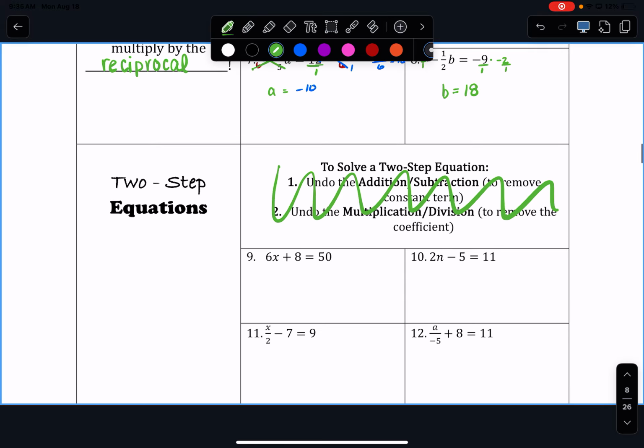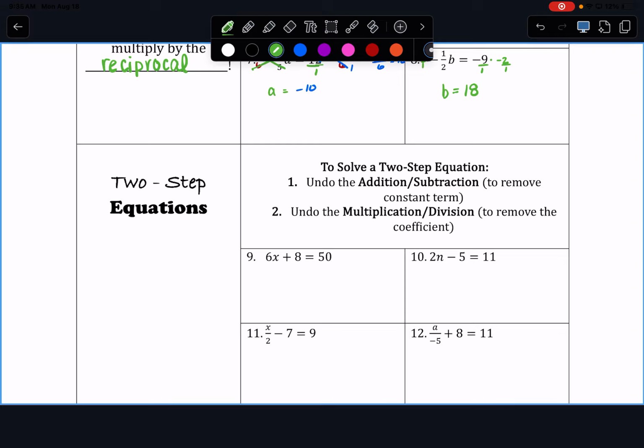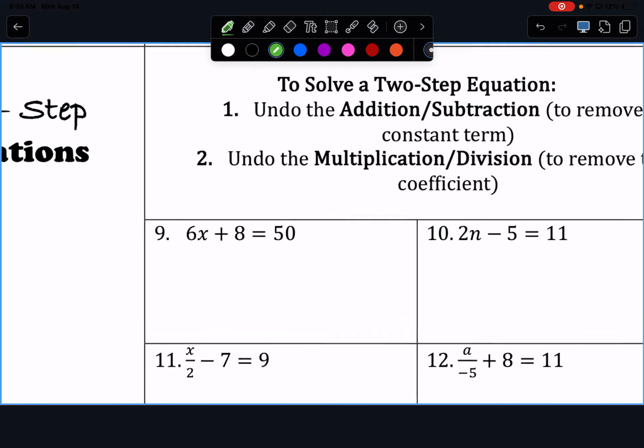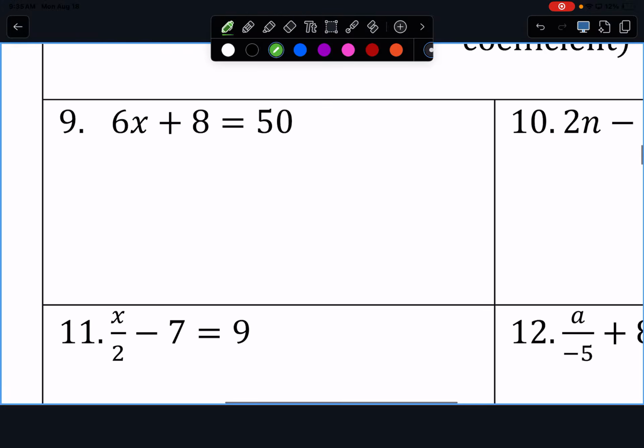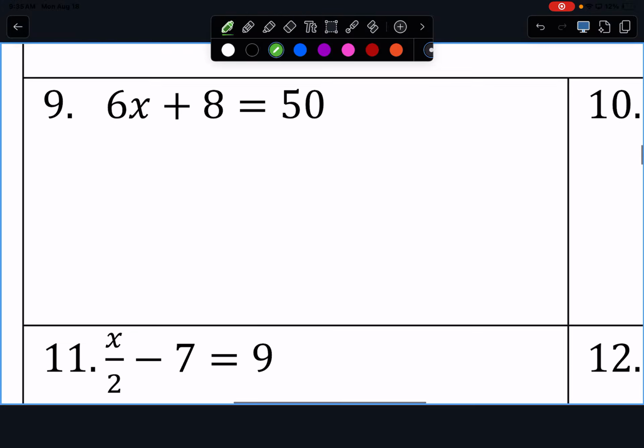But that's not true. Because there are different types of two-step equations that we can have. That's not the automatic order we go in. So I'm actually going to bounce back and forth between these ones and the next ones. So we're going to look at number 9. Okay, so for number 9, what do I need to do first?